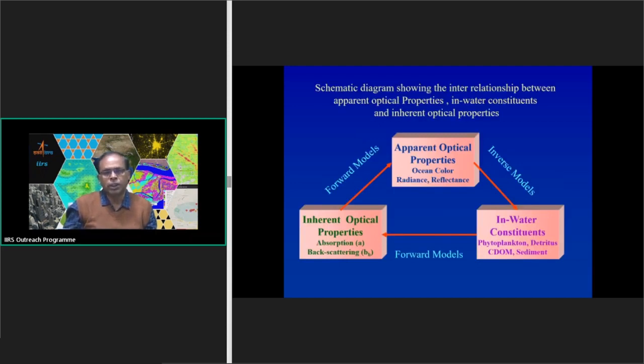What it does, it takes the phytoplankton and the colored dissolved organic matter and sediment which are present in the water, their absorption and backscattering characteristics are being studied, and later on it is related to radiance or reflectance, and when we invert the model, we can find out the concentration of phytoplankton or sediment, etc., which are present in the water. This whole process is called biooptical algorithm development.